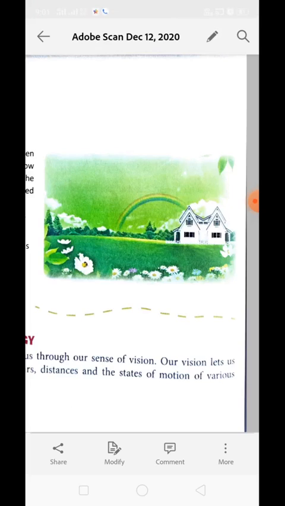We know that an object becomes visible only in the presence of light, because in a dark room we are not able to see. During night time when you enter a dark room, you need to switch on the light so that you can see the objects kept in that room. Have you ever thought about why, in the presence of light, we are able to see objects?